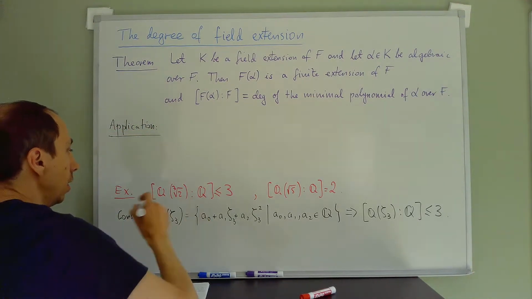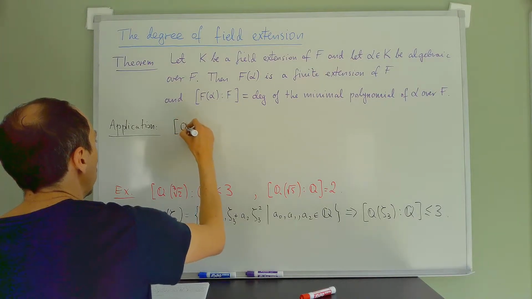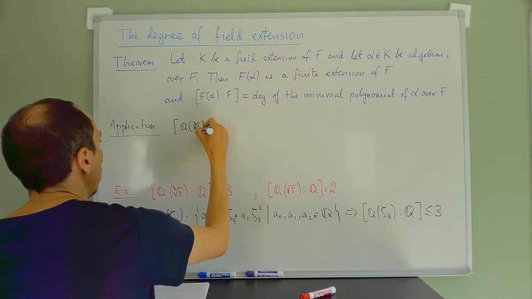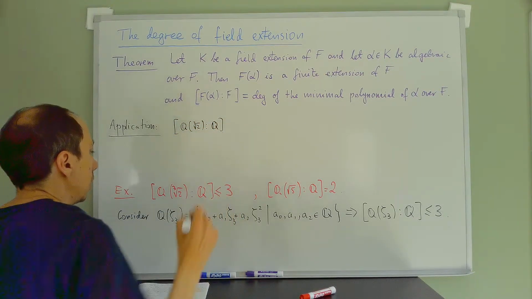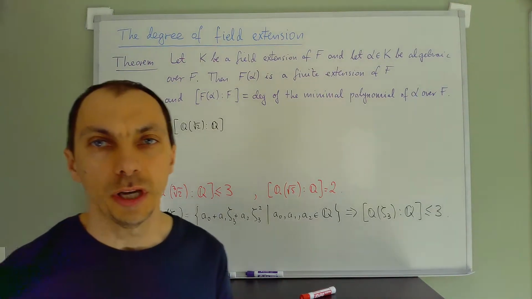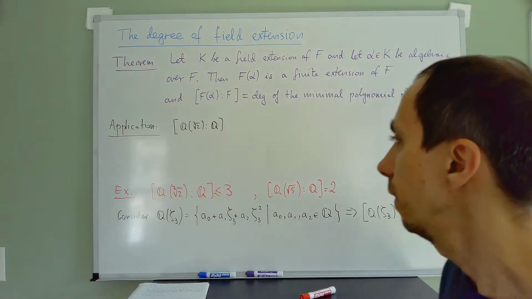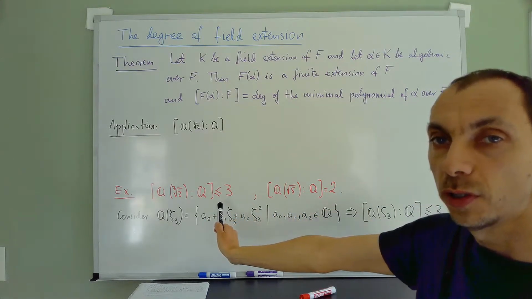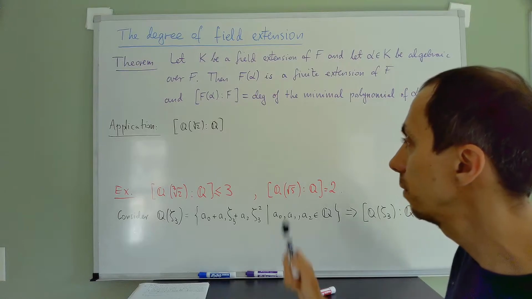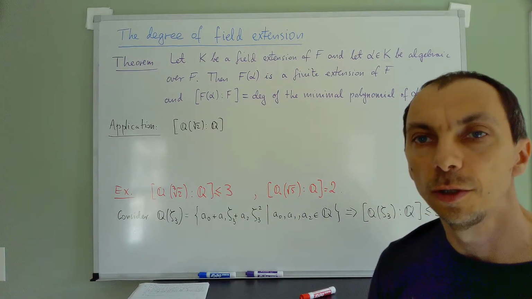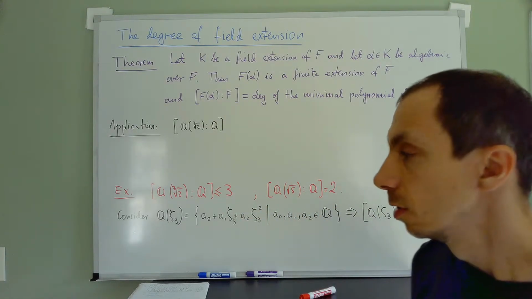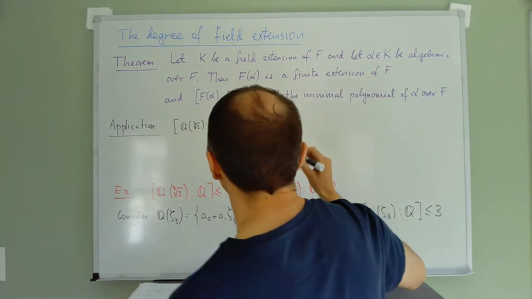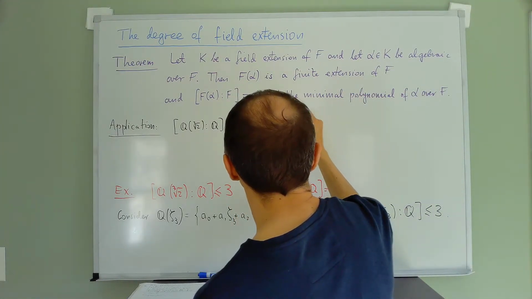So in the example below, we had that the degree of Q adjoin cube root of 2 over Q is at most 3. However, what's the minimal polynomial of cube root of 2 over Q? Well, you know that that's x cubed minus 2.